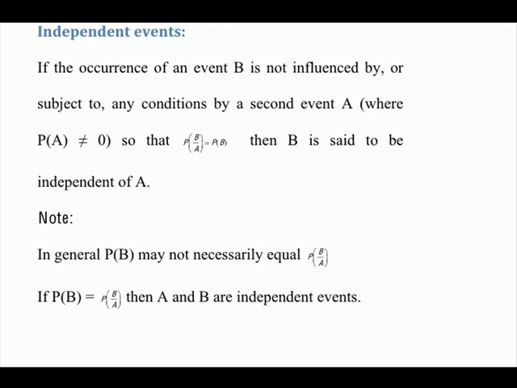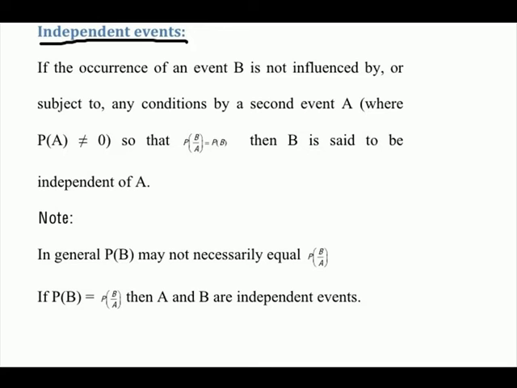Another important concept that we will quickly need to touch upon is the concept of independent events. Essentially, if you have two events, and the probability of event 1 occurring is completely independent of the probability of event 2 occurring, then the two events are said to be independent.